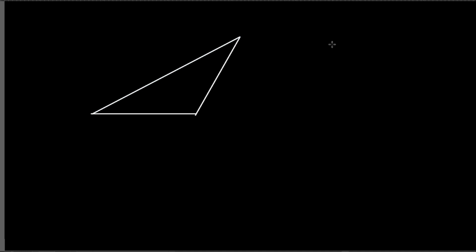I'm just eyeballing this. So these sides that they say are equal may not actually be equal to each other in the picture, but that's okay. All right, let's see what we got.